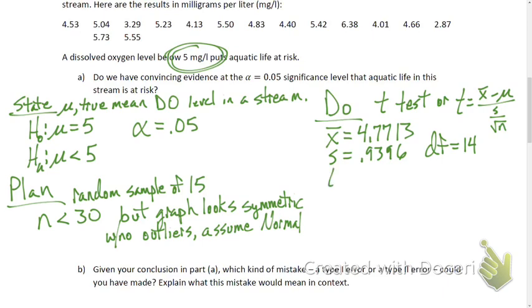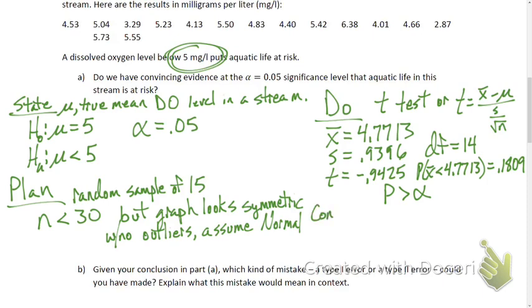T ends up being negative 0.9425. The p-value ends up being 0.1809, which is larger than alpha. So when we move to the conclude step, we are going to fail to reject.